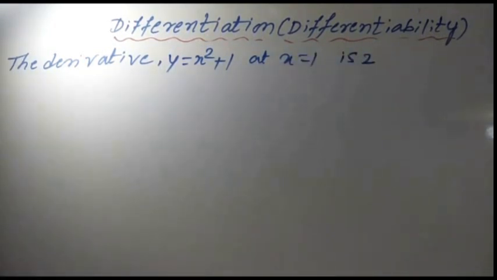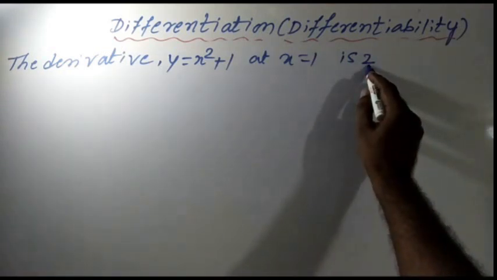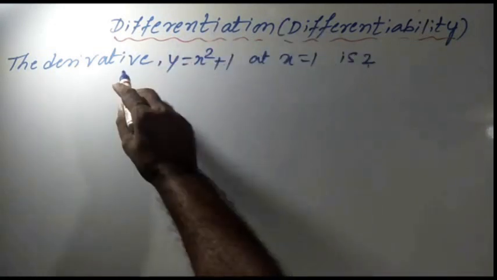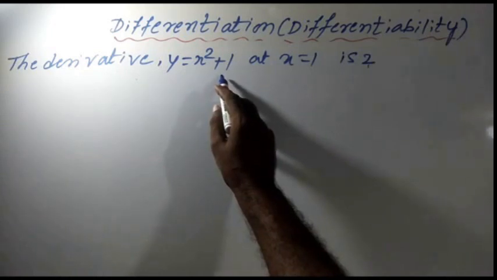What is the meaning of the derivative of the function y is equal to x square plus 1 at point x is equal to 1 being 2? This 2 represents the slope of the tangent to the curve y is equal to x square plus 1 at point 1.